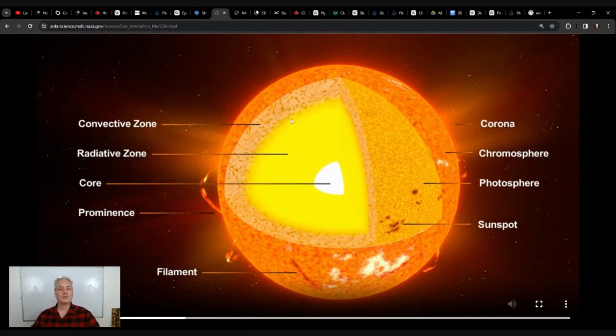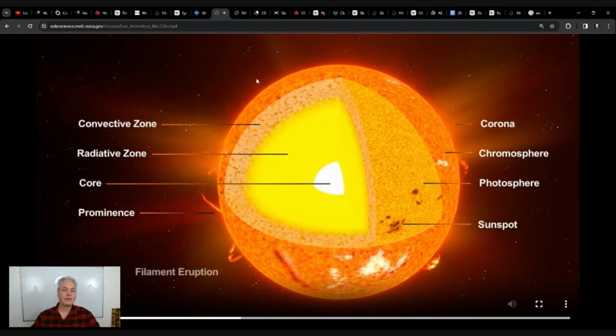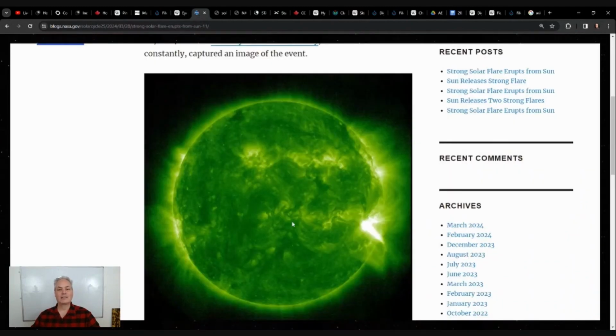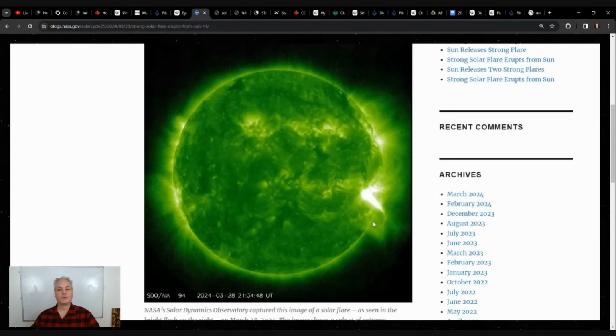Every so often, there's a breach, and then matter and energy is coming out. The consequence is something like this that we had a couple days ago, when you have extra matter here. What is interesting is this matter is coming out of the sun and therefore has in its solar wind a lot of matter. We have ions, we have energy.